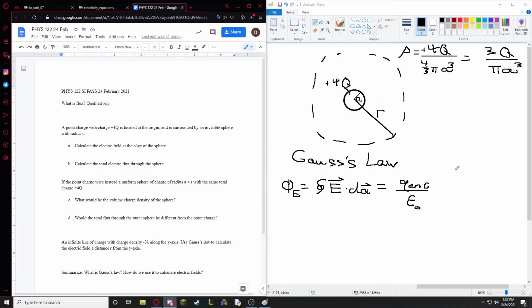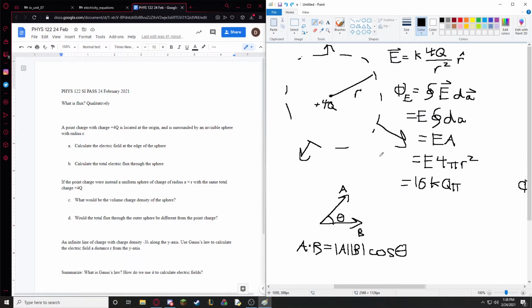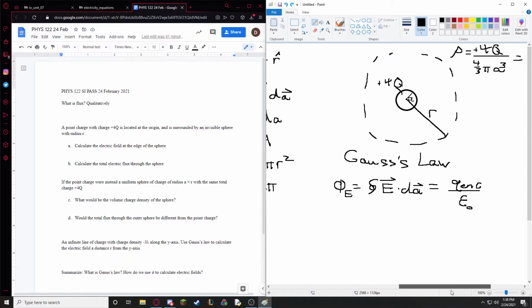Is it going to be straight radially outward from our center, or curving? It's going to be straight radially outward, exactly like the field from our point charge.